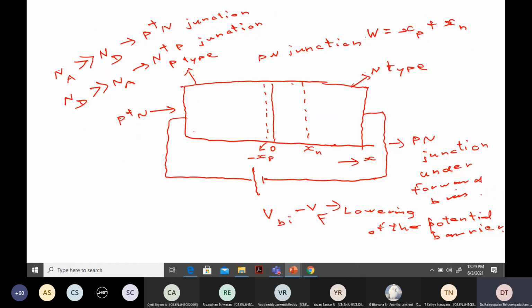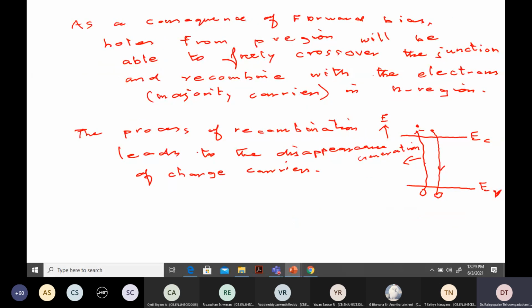There will be a greater number of holes, and hole concentration will increase considerably at the junction. And how much is the increase of this hole concentration? Remember, holes are the minority carrier in the N side.